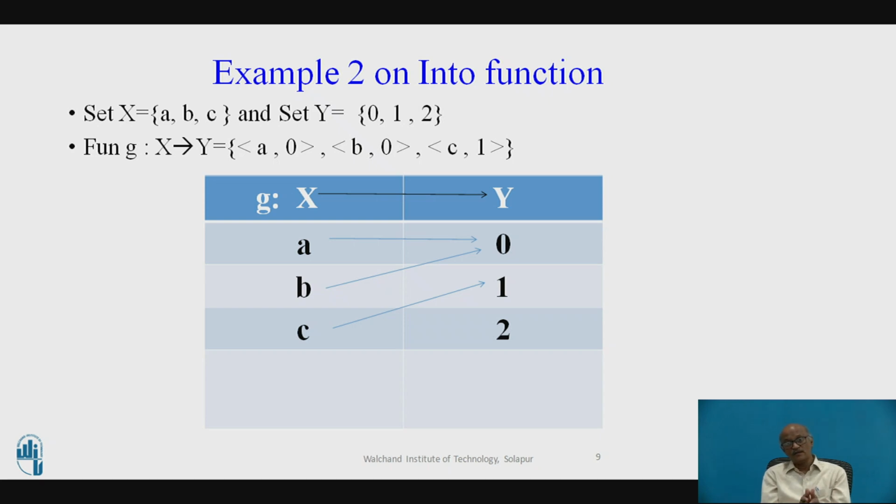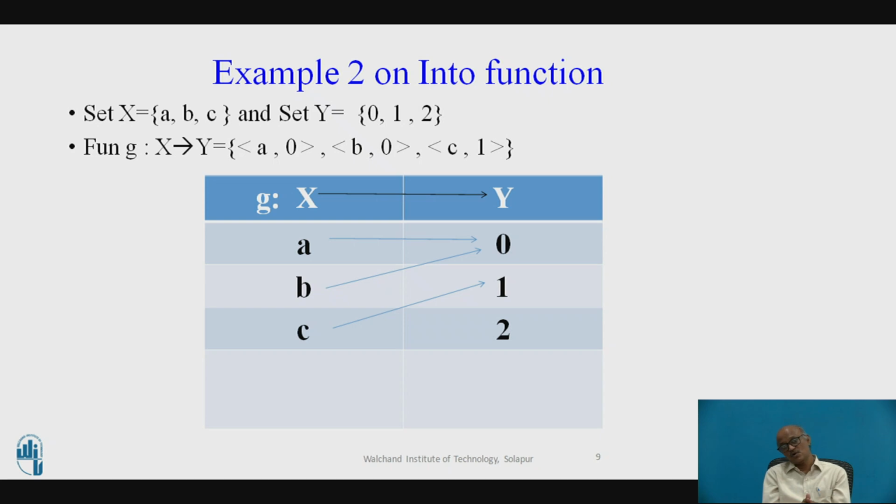If you recall the definition of an into function, the range of the function should be equal to a subset of y. It should not be equal to set y. If it is equal to set y, then it is called an onto function. Looking at this example, the range is 0, 1, which is a subset of 0, 1, 2, or a subset of set y.